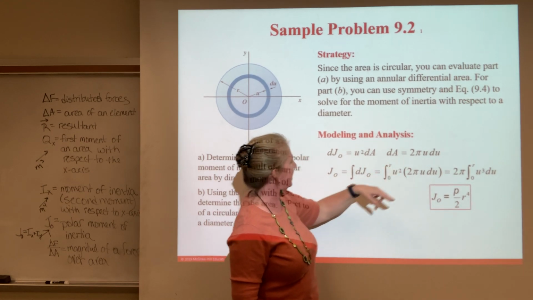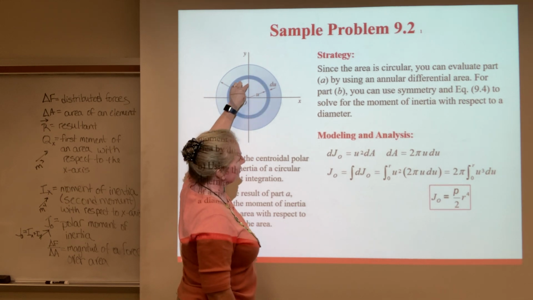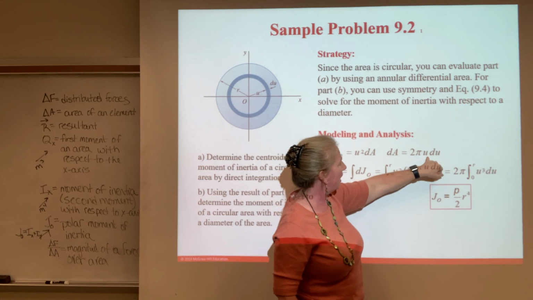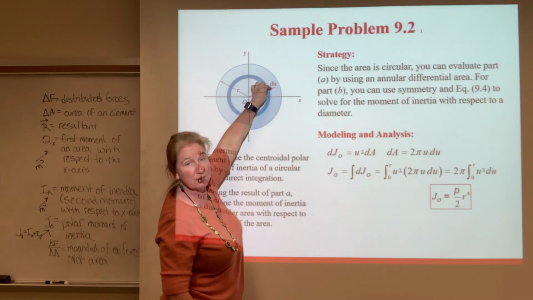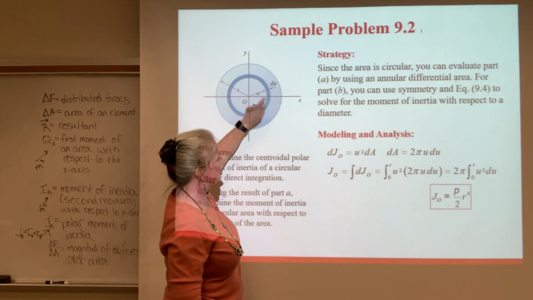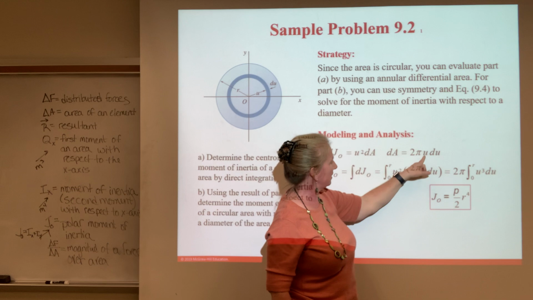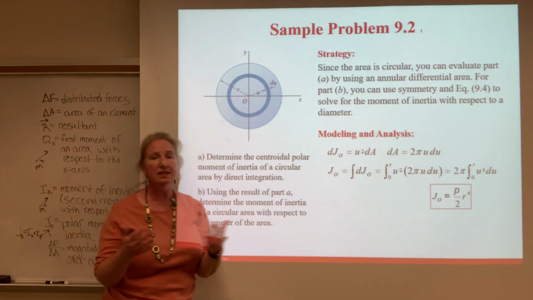So what is dA? What is the area of this circle, right? Well, 2 pi r du, because the thickness is du. So the location, right? My location is u. So again, that's going to continue to change.